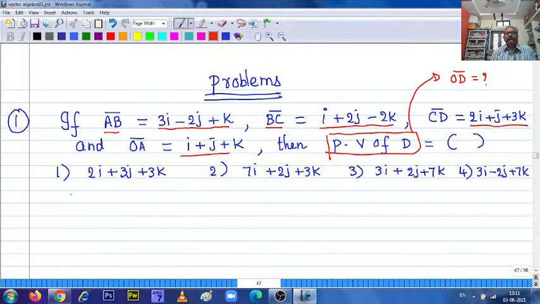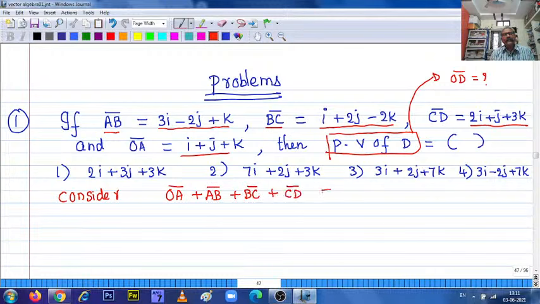Okay, how to find out, let us see one logic. My plan is like this: OA bar plus AB bar plus BC bar plus CD bar I will write. See, OA bar plus AB bar is OB bar, plus BC bar plus CD bar.